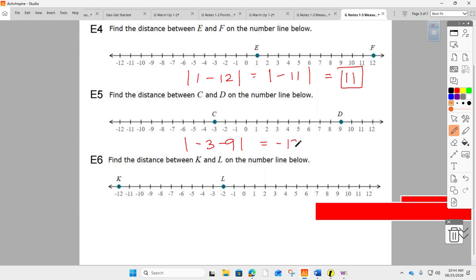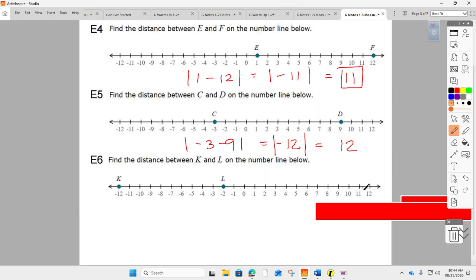So it's the absolute value of negative 12. If you give the answer as negative 12, it's wrong, right? So how far is negative 12 from 0? The absolute value of negative 12 is 12.